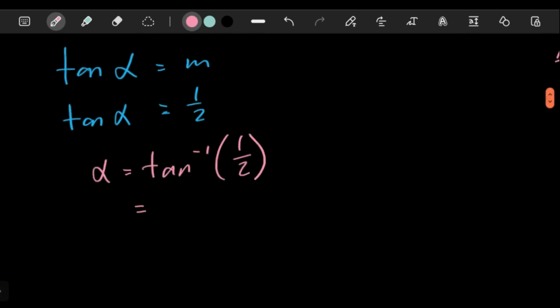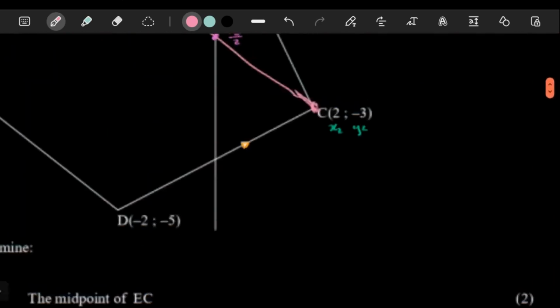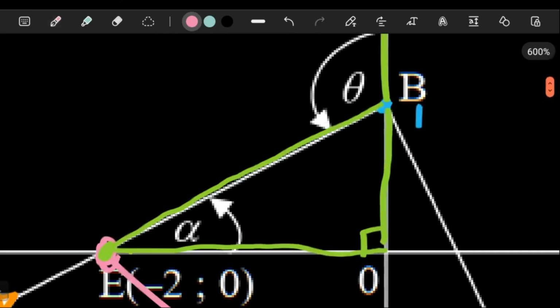What are you going to get now? Shift tan of a half. In your calculator, this gives you 26.57, which is good because it doesn't seem like a far-fetched number; it kind of just fits in nicely.